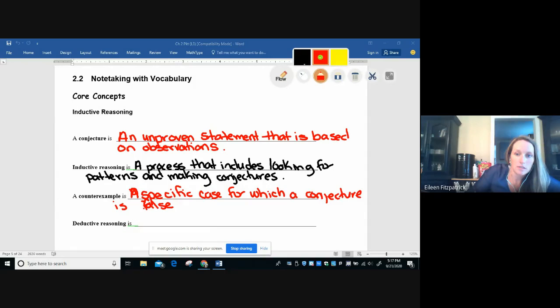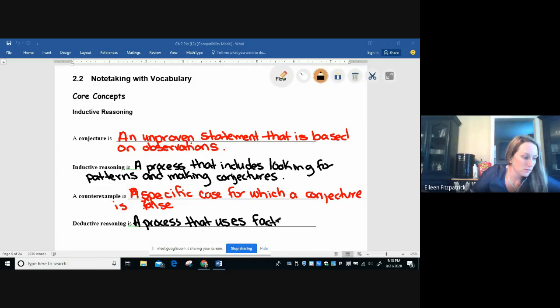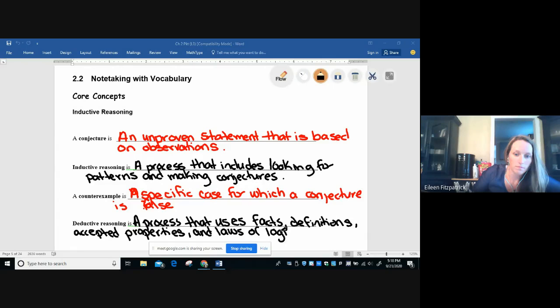All right, deductive reasoning, and this is what we use a lot in geometry class, a process that uses facts, definitions, accepted properties, and laws of logic to form a logical argument.